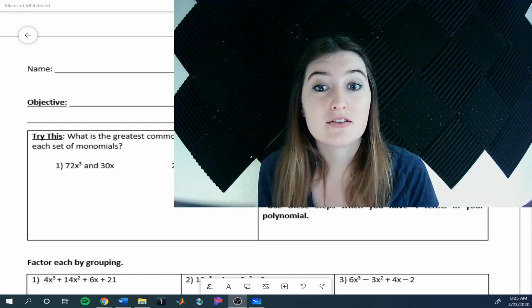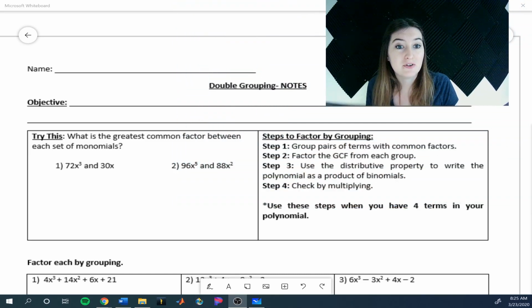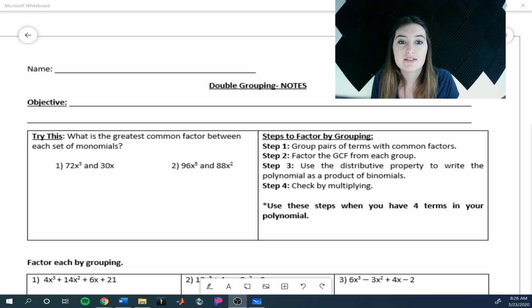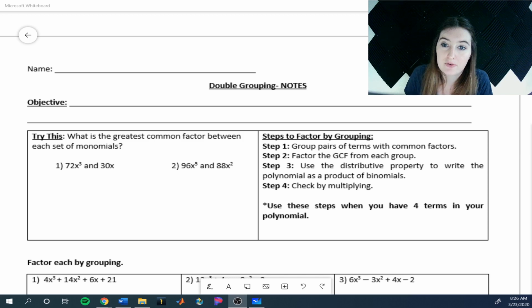All right, so we are going to be starting on double grouping today. We're going to go ahead and start with our try this. If you have a piece of paper or pencil, try this is where we're going to start. I recommend also having Desmos opened up. We're looking for the greatest common factor between each set of monomials.